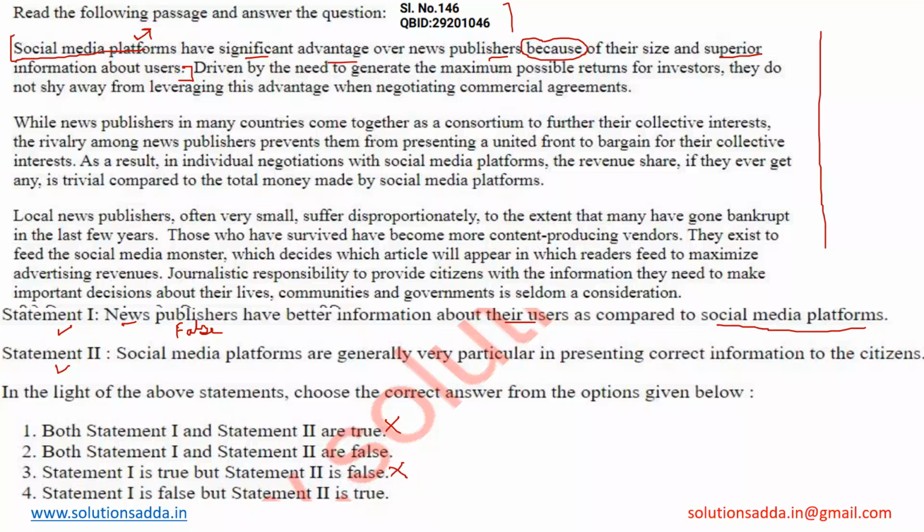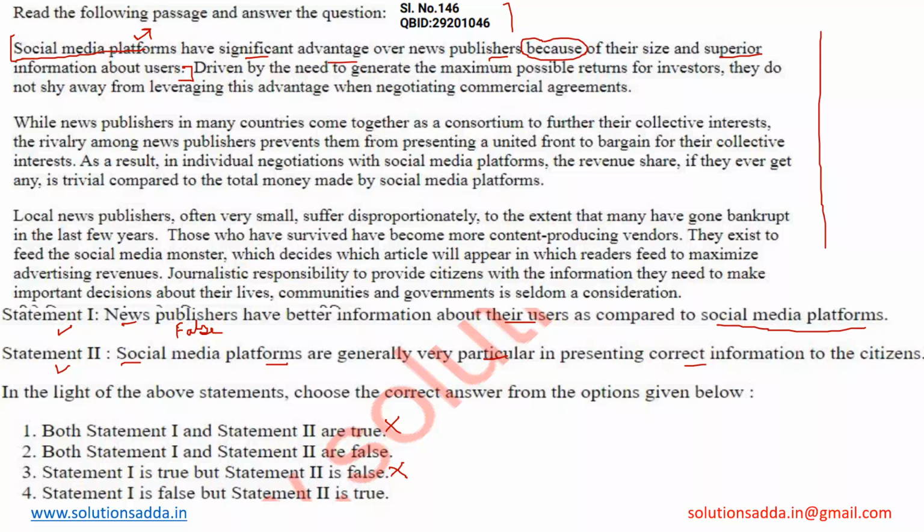Let's read the next statement. Statement 2 says social media platforms are generally very particular in presenting correct information to the citizens, which is not very true. We all know that fake news can go viral very easily on social media platforms.